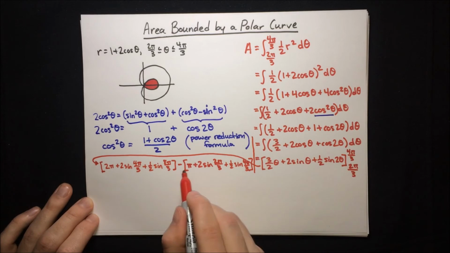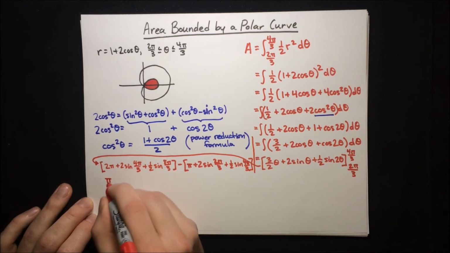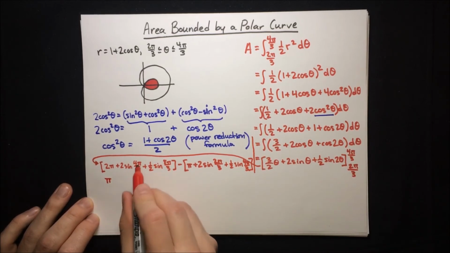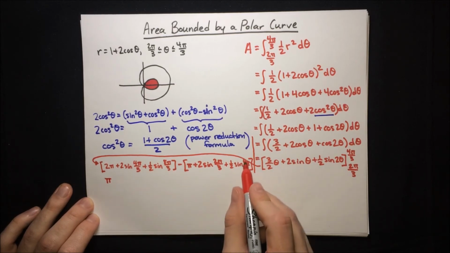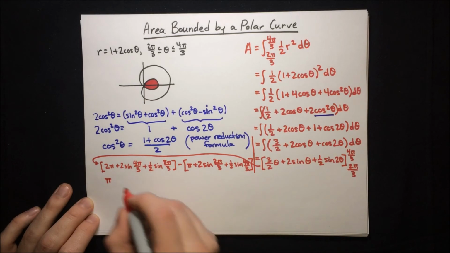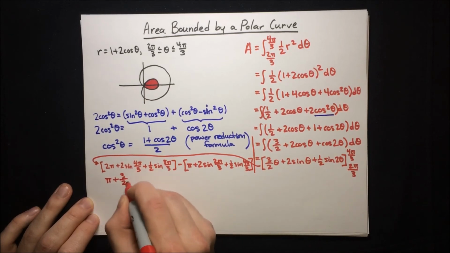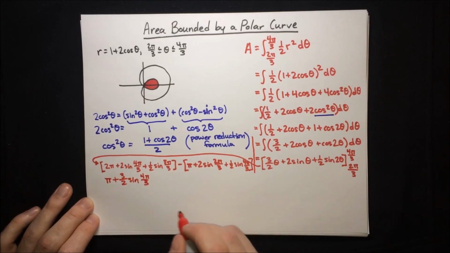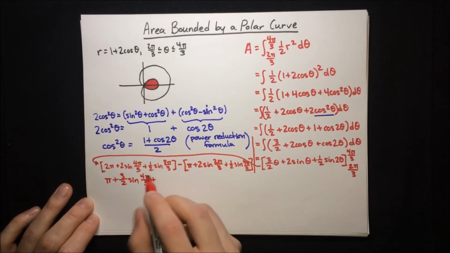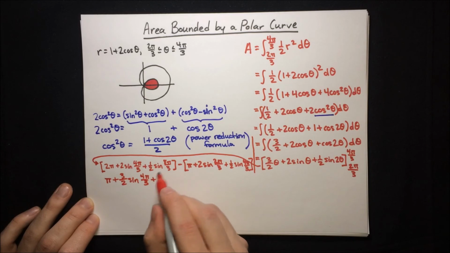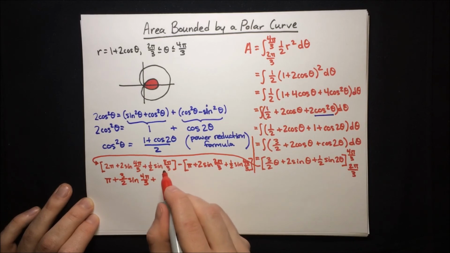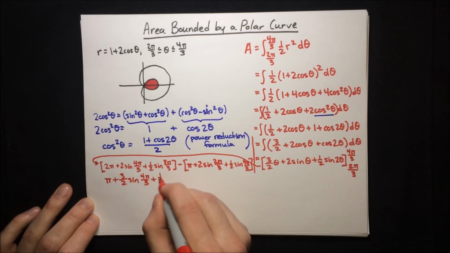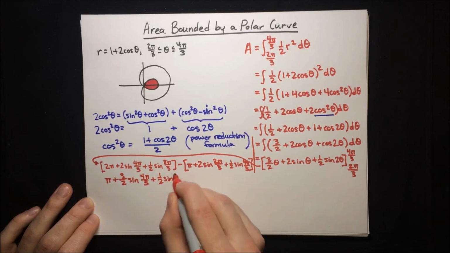So 2 pi minus pi, that's just pi, and then 2 sine 4 pi over 3, and then minus a half sine 4 pi over 3 is just 3 halves sine 4 pi over 3, and then we've got our plus a half sine 8 pi over 3. We can convert that to a simpler angle. 8 pi over 3 is equivalent to 2 pi over 3.